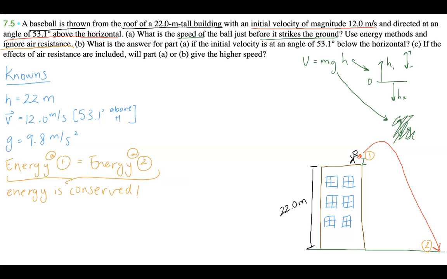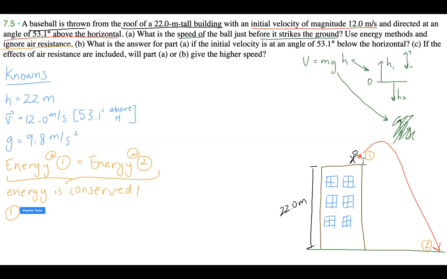So if it's conserved, what forms of energy are present at point 1 and what forms are present at point 2?